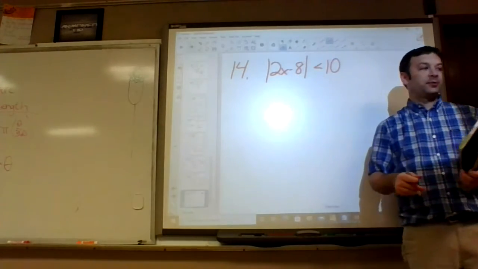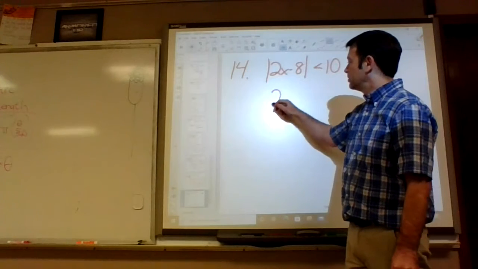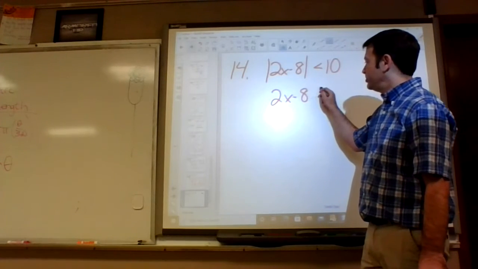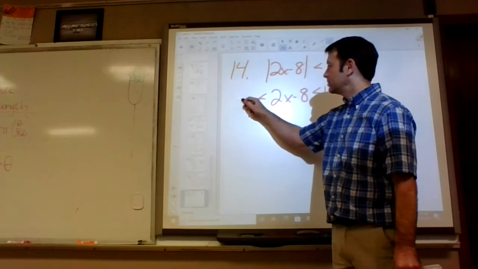It's been like 4 problems since we've done one of these. Less than, do you guys remember how I set those up? It's gotta be between 10 and negative 10.